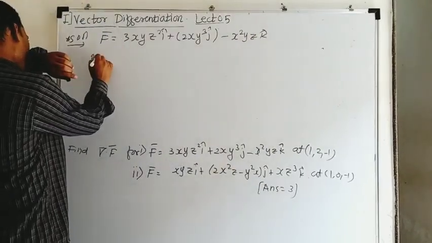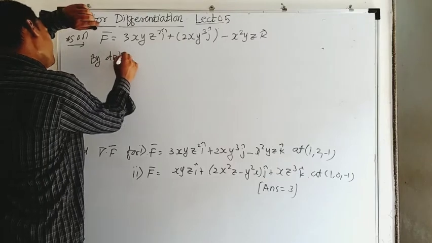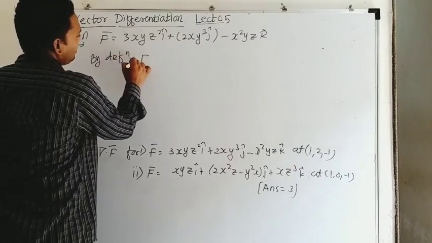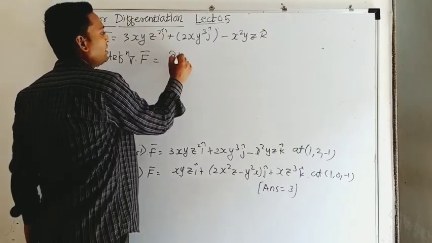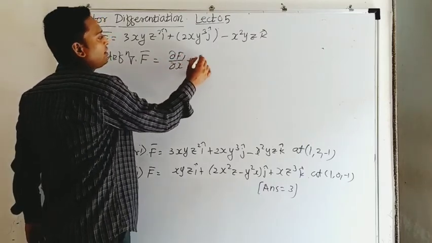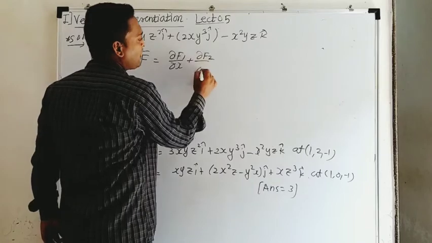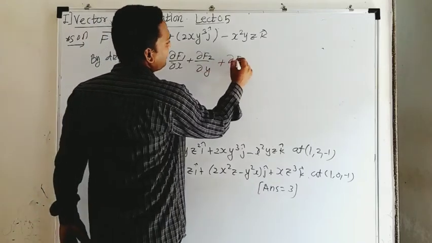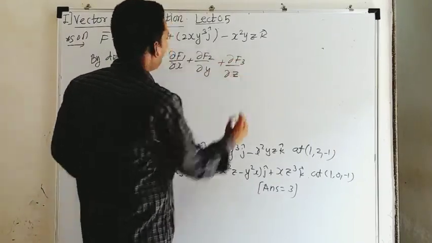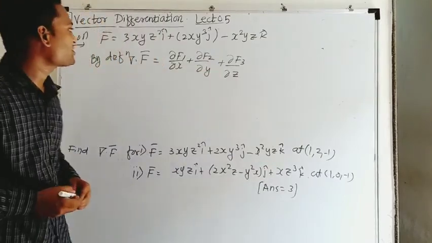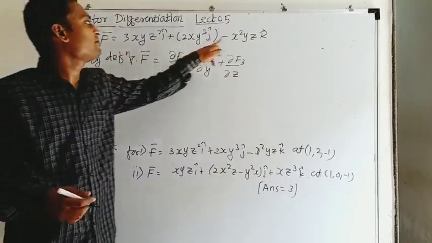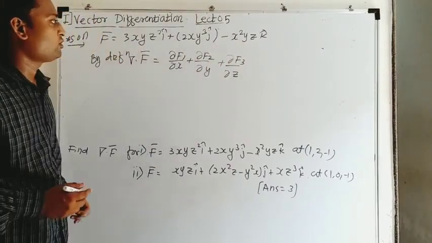By definition, del dot f bar is del f1 by del x plus del f2 by del y plus del f3 by del z, where f1, f2, f3 are the ijk components of that vector function f bar. So this is f1, this is f2, this is f3, the coefficients of i, j, k.